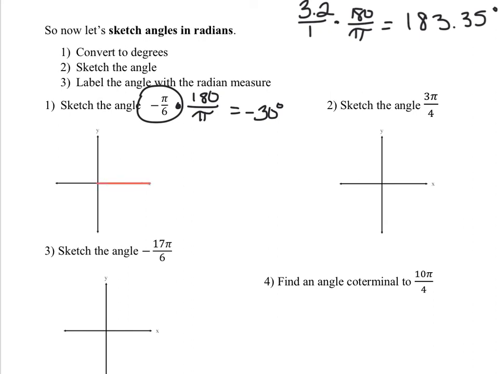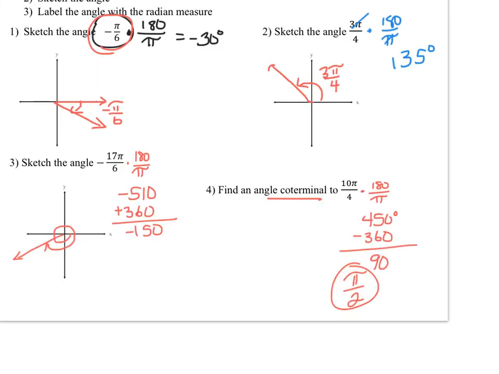It's negative 30, so we're going down, about there, about negative 30. Now when I label this, I don't label it negative 30. I do have to label it with the original, so it's negative pi over 6. Okay, try the other three. Well, actually, the other two that you sketched. This one is finding something coterminal. So try those and come back with the answers.